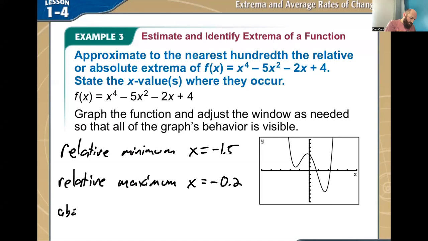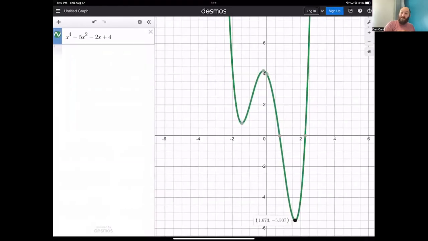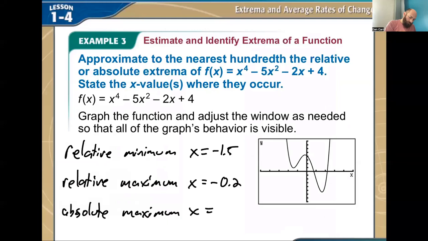And the absolute minimum at x equals 1.7. Again, that's describing these three points here for our relative and absolute minimums and maximums.